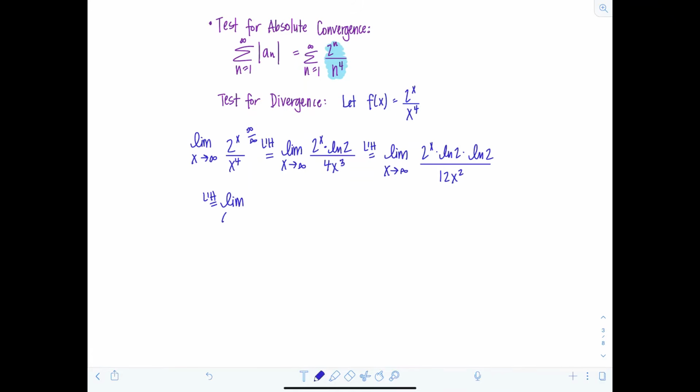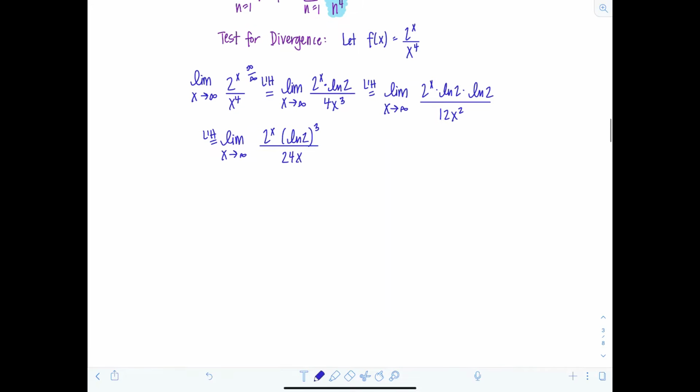I have the limit, x approaches infinity. Derivative of the numerator is going to be 2 to the x times ln of 2 cubed, and then I have 24x in the denominator. And then I need one more iteration of L'Hopital's rule, right? Or maybe you can already see what's happening. So the denominator is going to become a constant.